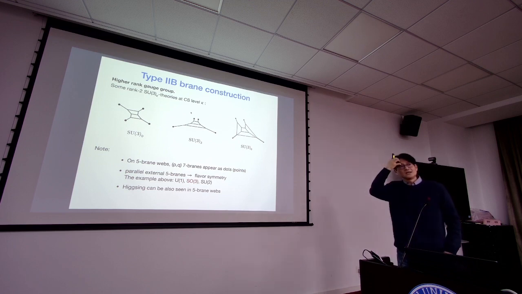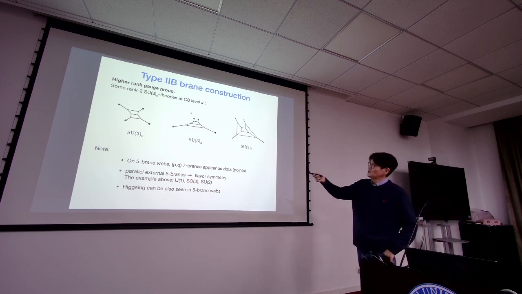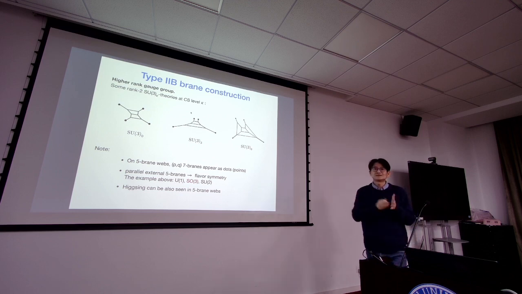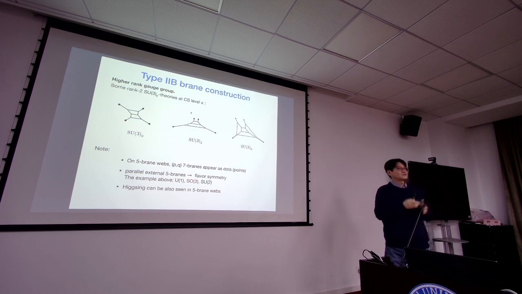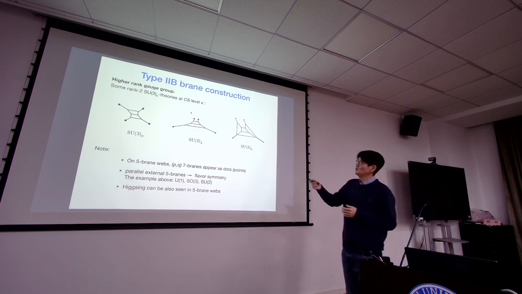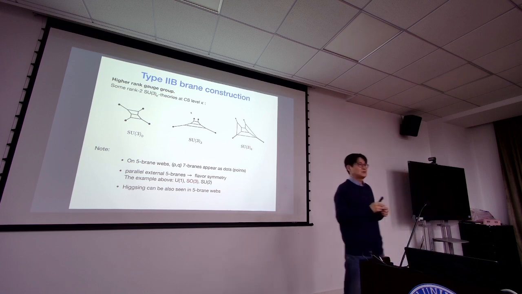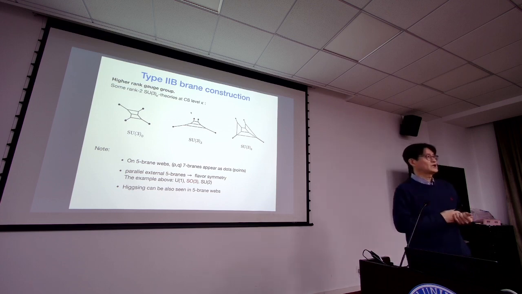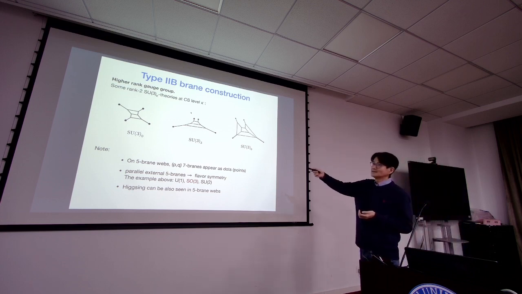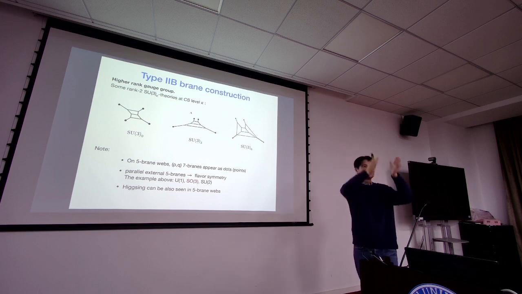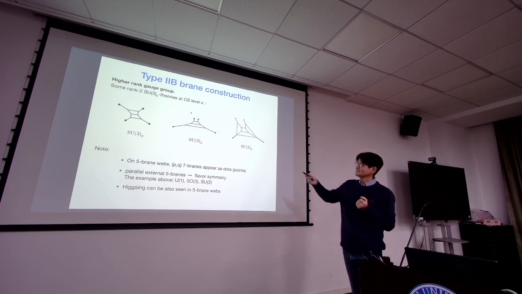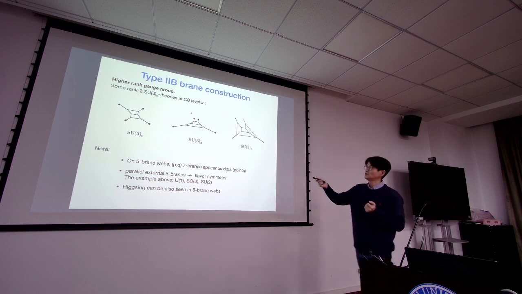Another thing is that SU3 with 3, or in general SU(N) with N, will always have some SU2 symmetry, and this symmetry is also captured in the brane web as parallel lines. So if you have SU3 with 3, there are two parallel lines that capture SU2.